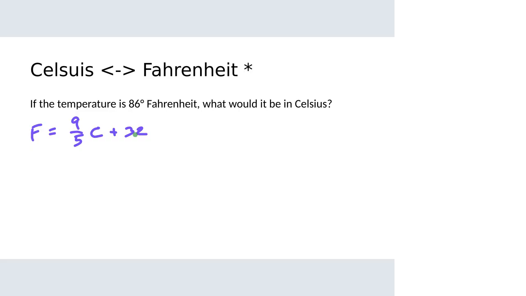So basically going back and forth between Celsius and Fahrenheit, we can go either direction. In the example we looked at last time, we knew the Celsius temperature and we had to find the Fahrenheit temperature. This time, we know the Fahrenheit temperature and we're looking for the Celsius temperature.